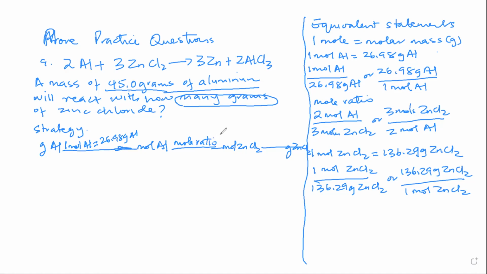Then this will be 1 mole of zinc chloride equal to 136.29 grams of zinc chloride.